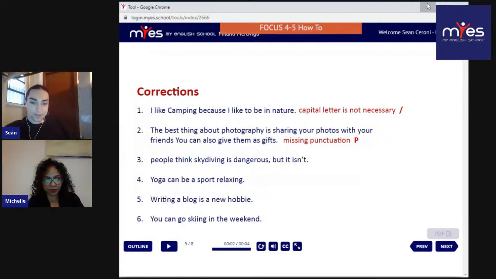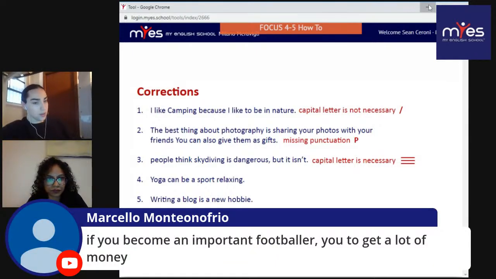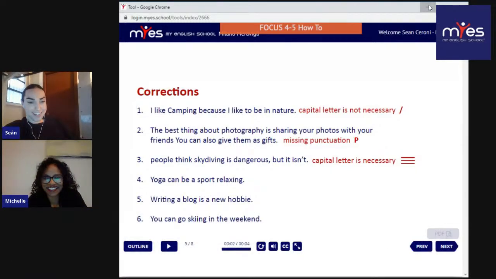Yeah, it's necessary. It wasn't necessary the first time. Marcello says, if you become an important footballer, you get a lot of money. Is this why football is a good hobby? It's a good point. There's money to be made.